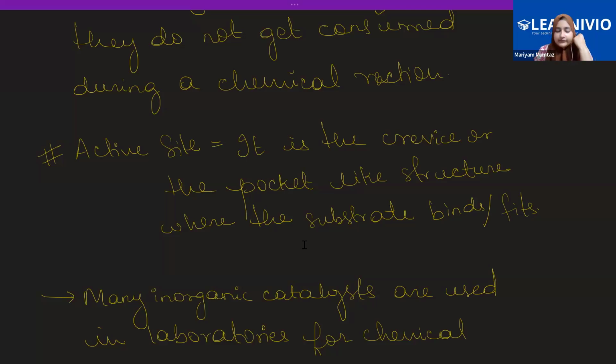For example, if the substrate is like this, the enzyme is going to be in a way in which it will fit here, like a fit like this. Every enzyme is specific for every substrate. It's not that you'll put any enzyme and the reaction will happen. No. If this is the enzyme, the substrate also has to be in a complementary manner so that they can combine and cause the chemical reaction to take place. Clear? So every enzyme has a specific active site for the kind of substrate it is meant for.